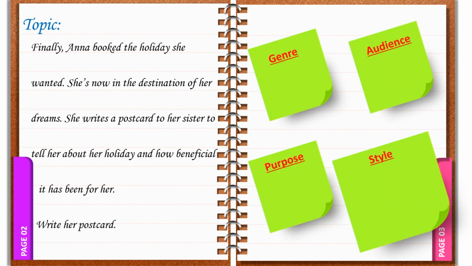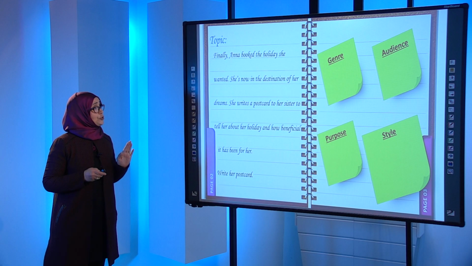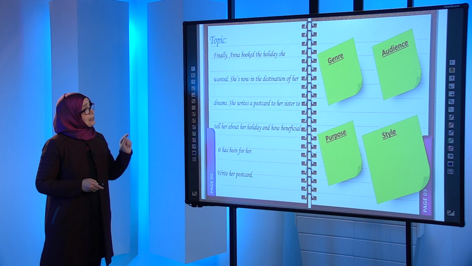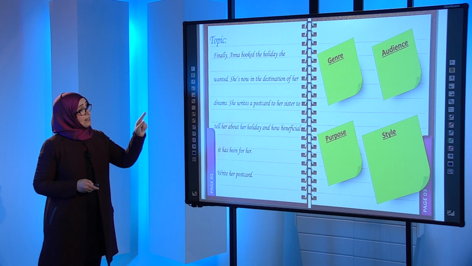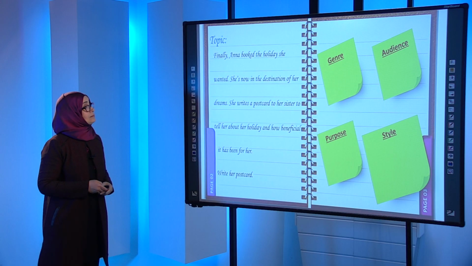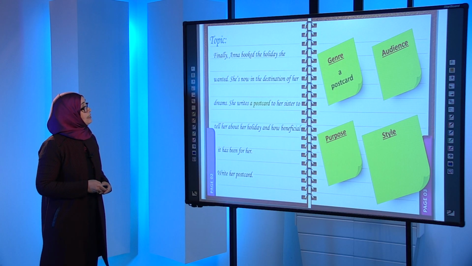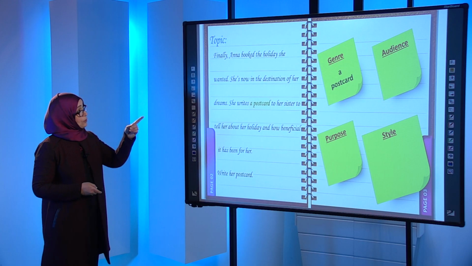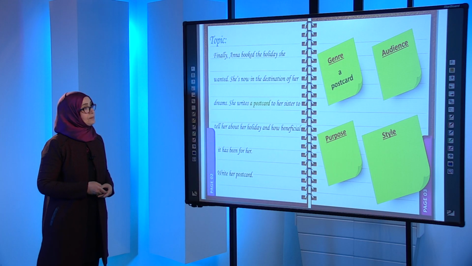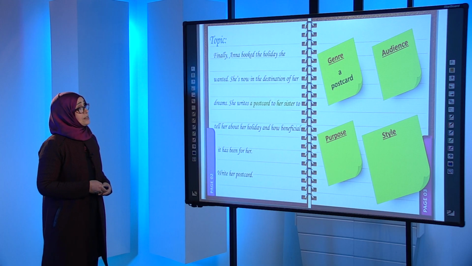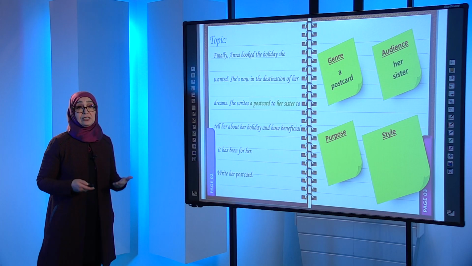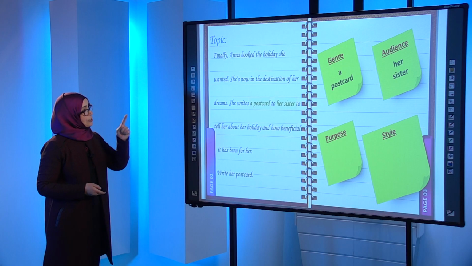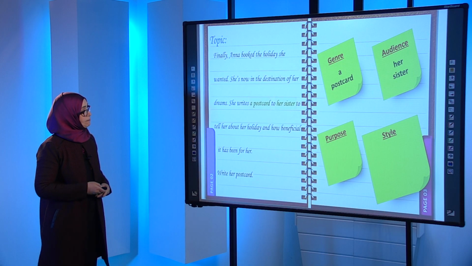But before starting writing, we have to make sure that we identify these 4 parts. What genre of writing are we asked to write? So the genre is a postcard. The audience, to whom is she going to write? To her sister, so that's her audience.